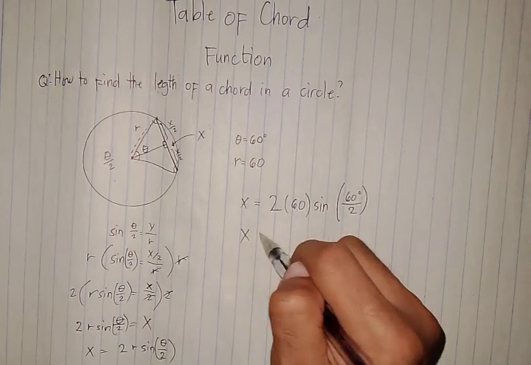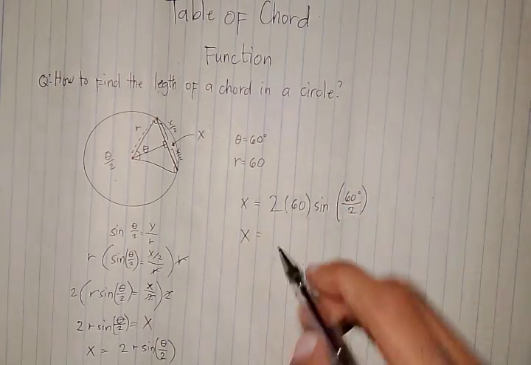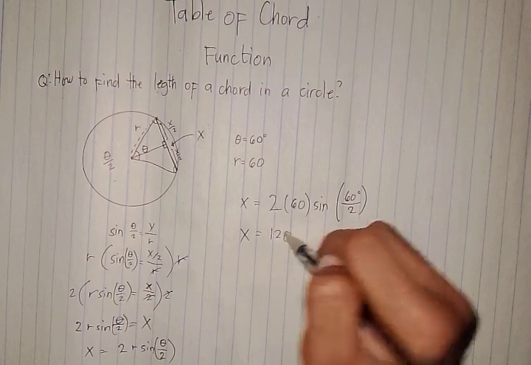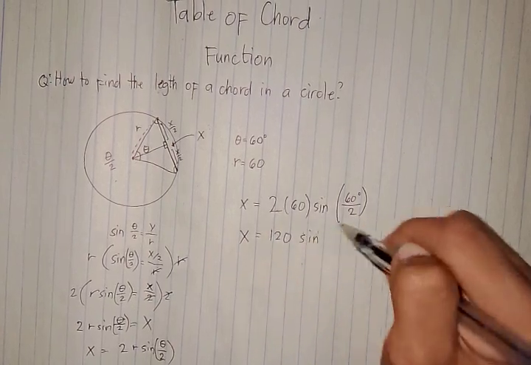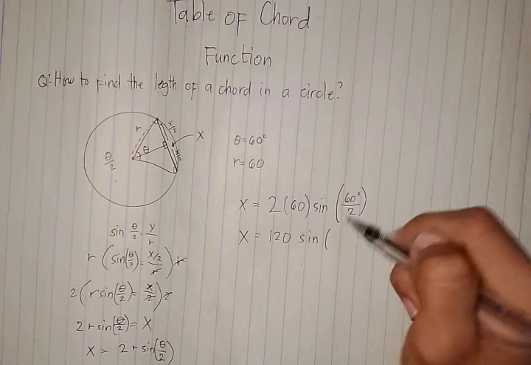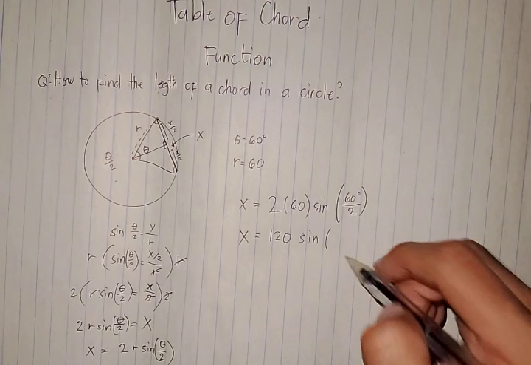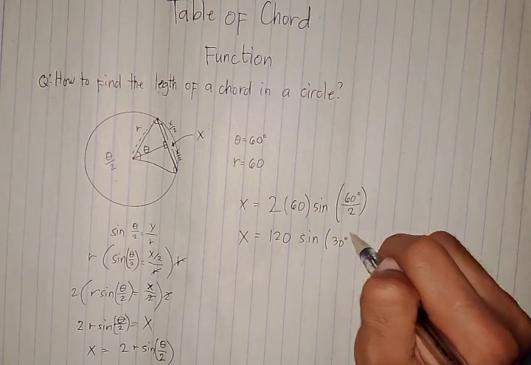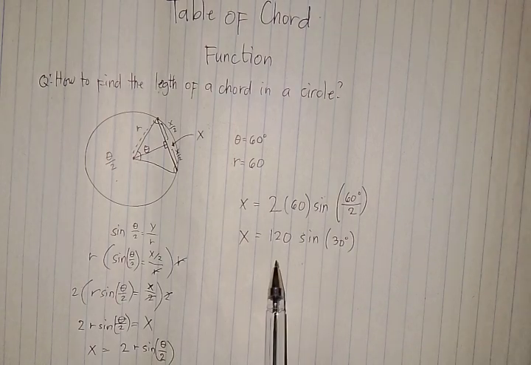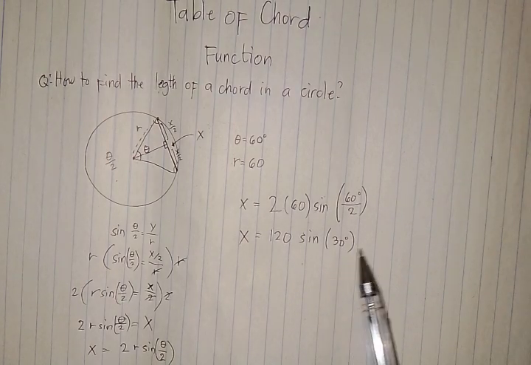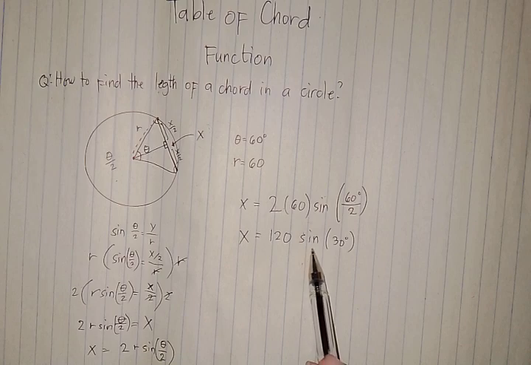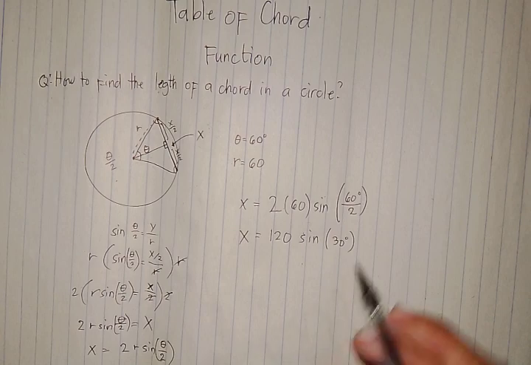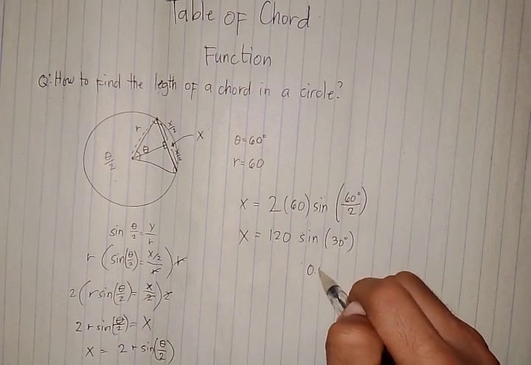So x is equal to 2 times 60, 120, class, sine of 60 divided by 2, which is just 30 degrees. Now if you use a calculator, sine 30 degrees is equal to what? Sine 30 degrees is equal to 0.5, class.